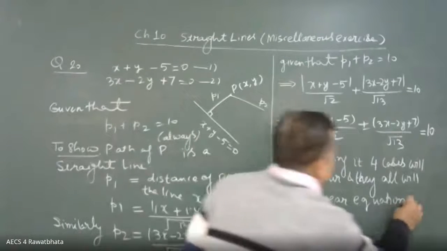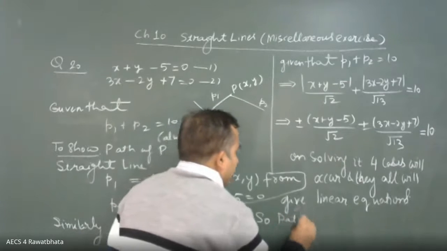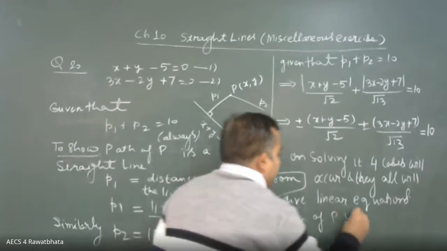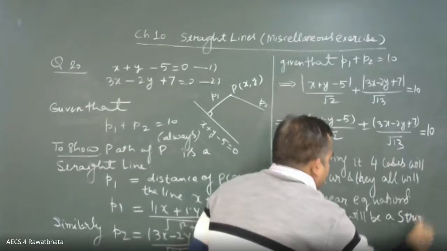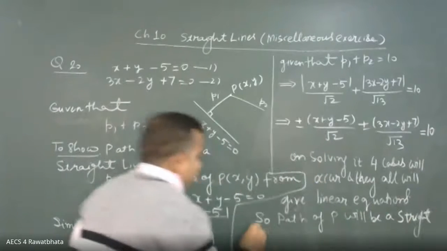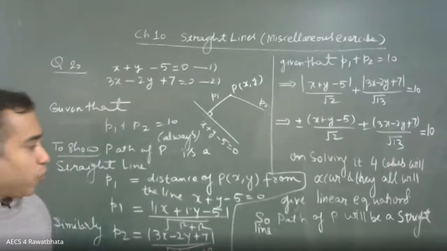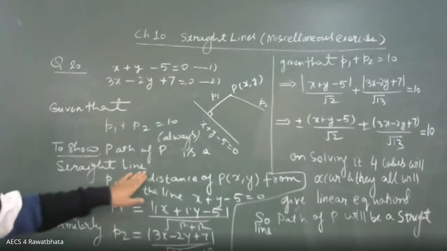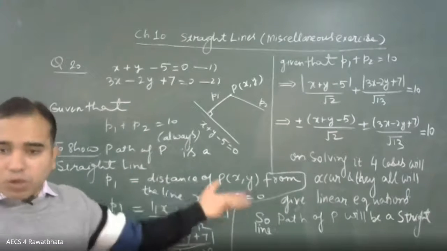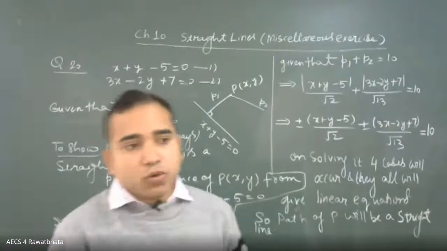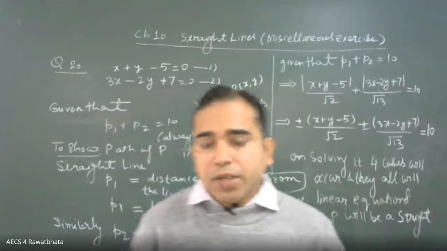So in all the cases, the path of P will be a straight line. Right? So we need not find the equation unless it is written in the question, because it will consume time. Not needed. We just have to ensure that on simplification, its equation will be a linear equation in two variables.